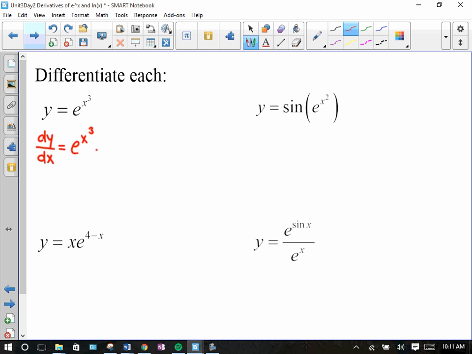What's the derivative of x cubed? 3x squared. So all we have to do is rewrite this a little nicer: 3x squared times e to the x cubed power. That is our derivative.